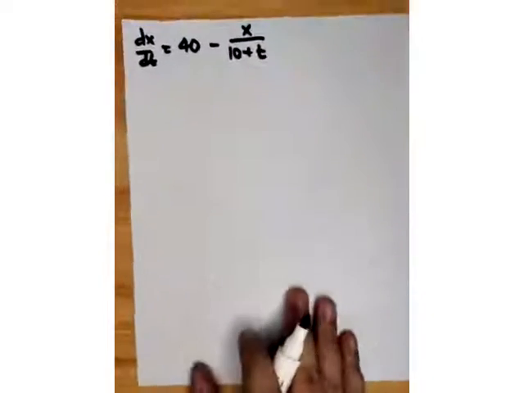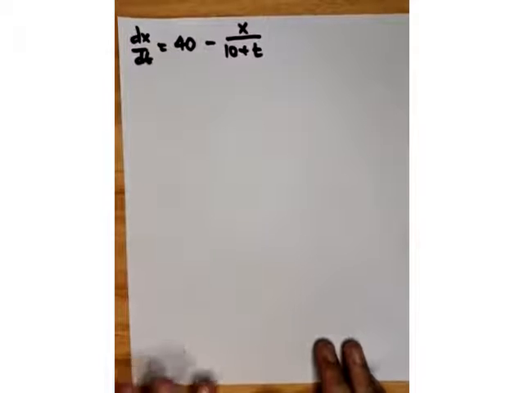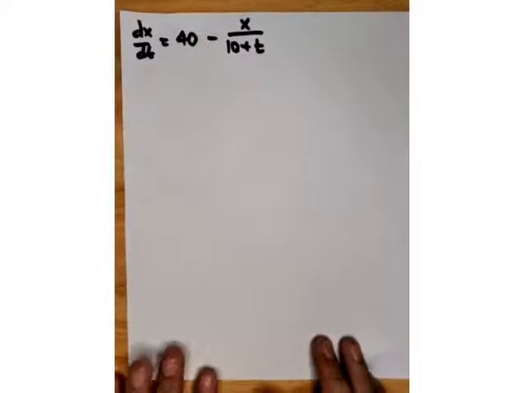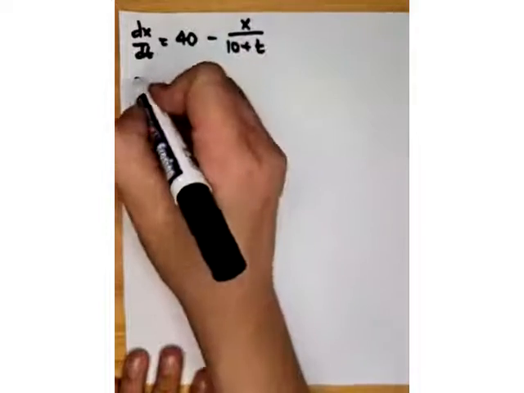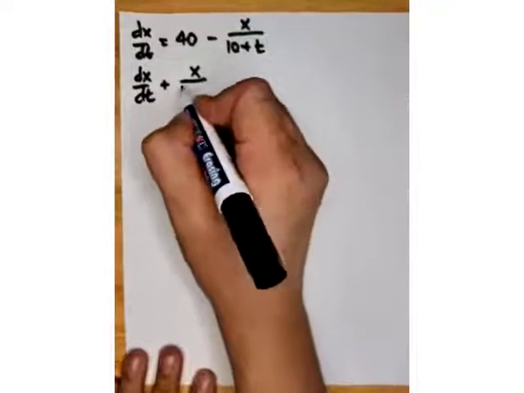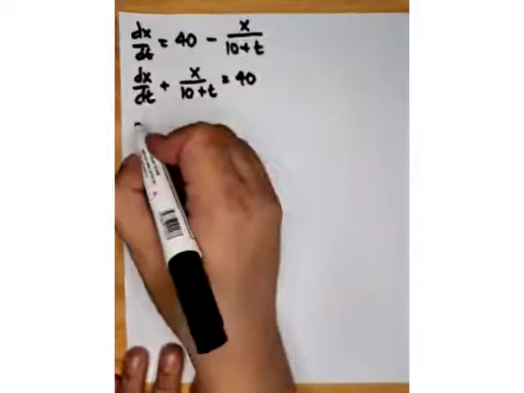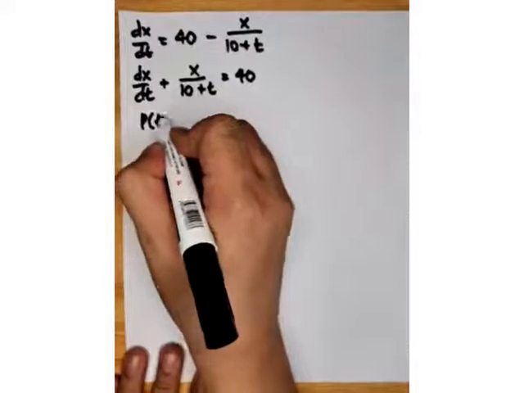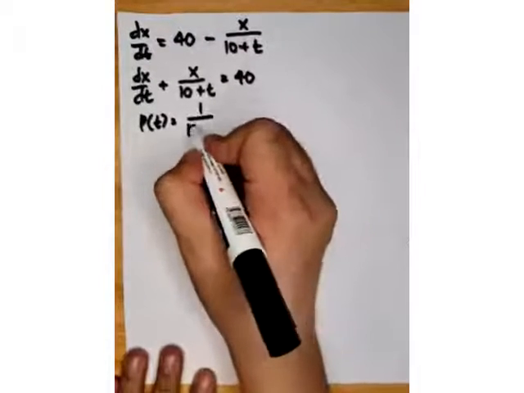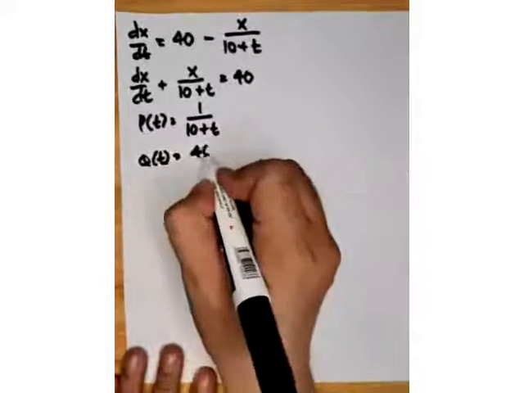So that will be our differential equation. Again, this will be a linear equation. So let's transpose that. dx over dt plus x over 10 plus t is equal to 40. So therefore, our p of t is equal to 1 over 10 plus t, and our q of t is 40.